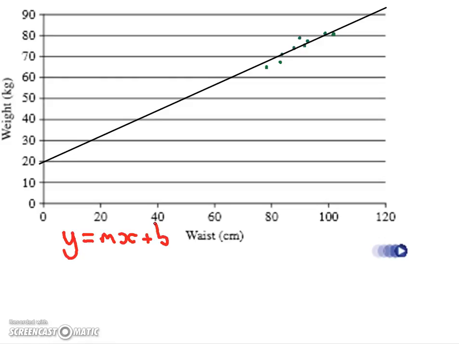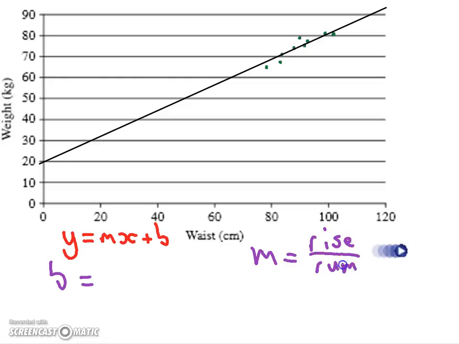That's perfect. It's the one to use. So what do you reckon is going to be the easiest thing to work out to start off with? Or what are the two things we have to work out to get the equation? There's two things. Gradient, which is m, and what's the other one? b. Excellent. Now the gradient, we just remember, is rise over run.